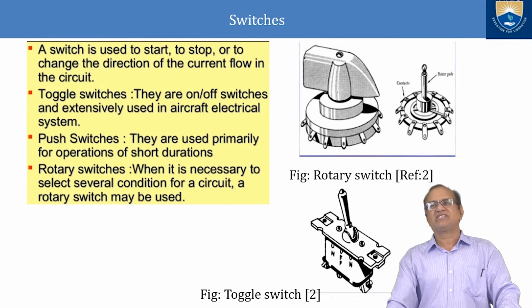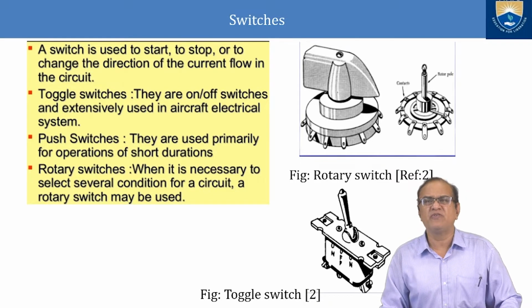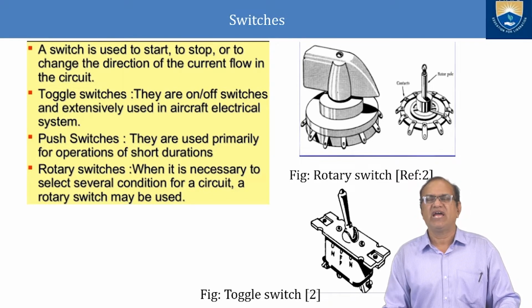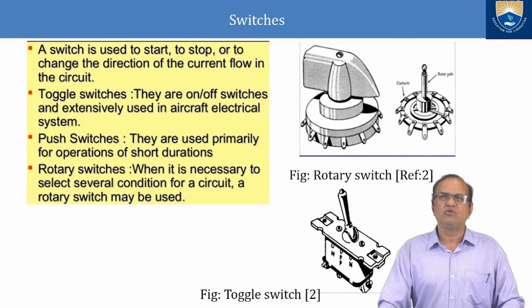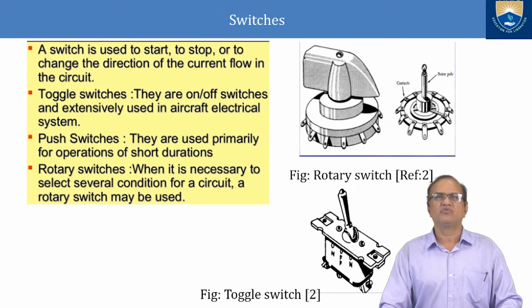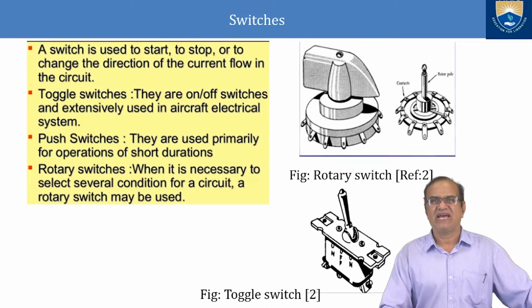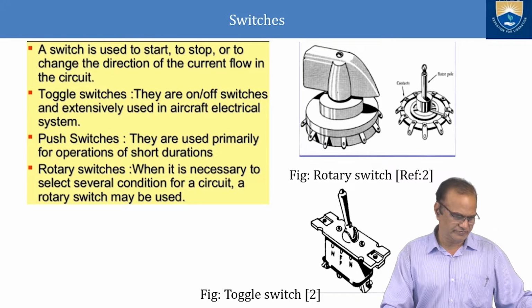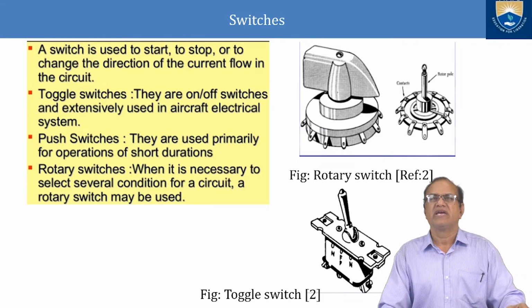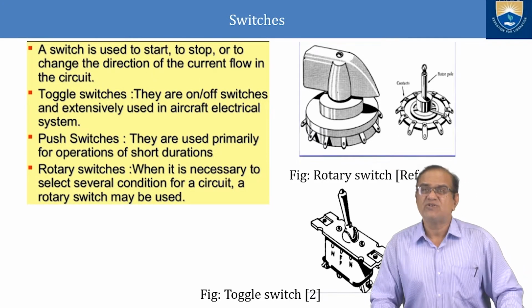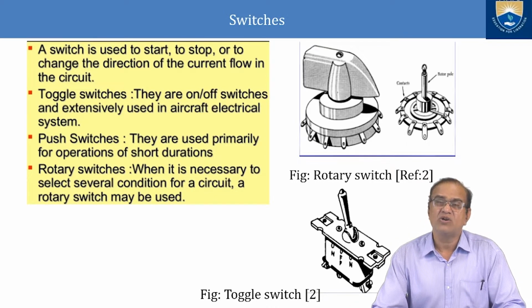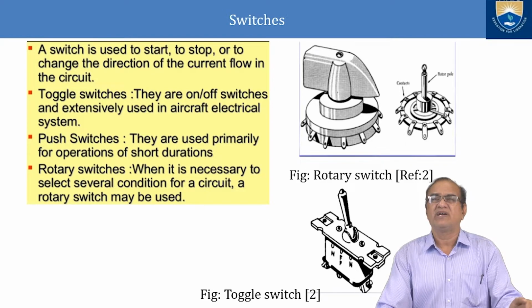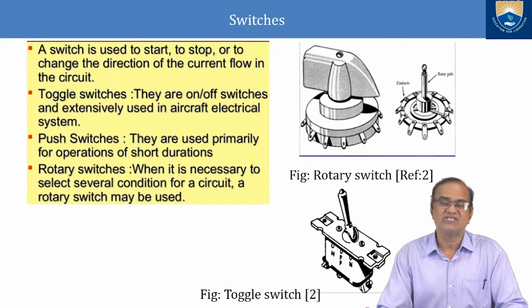First I will discuss the switches, and a few switches I have shown here, taken from reference number 2. A switch is used to start, to stop or to change the direction of the current flow in the circuit.